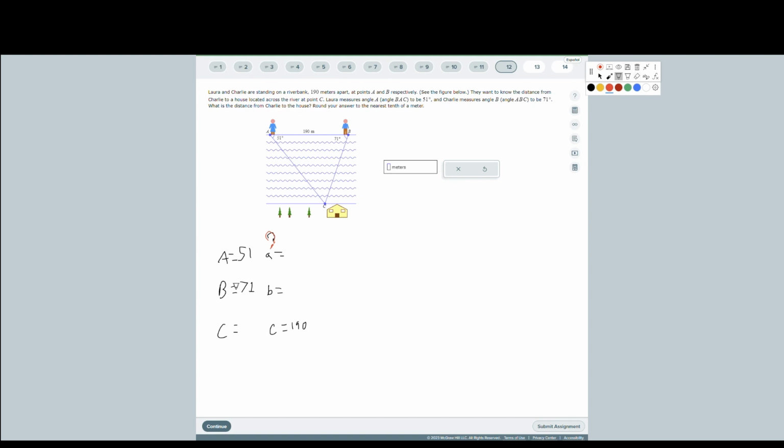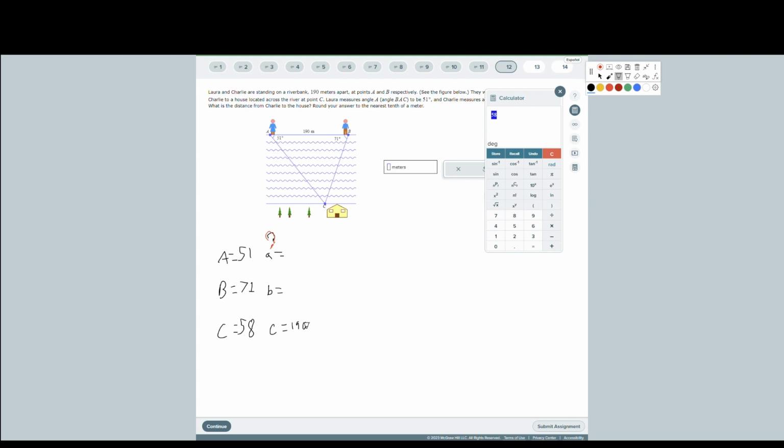Well, it gives us two angles, so we can infer the third angle by doing 180 minus the first angle of 51 minus the second angle of 71, which gives us 58. And so we know that the C angle must be 58, because all the angles inside of a triangle must add up to 180.